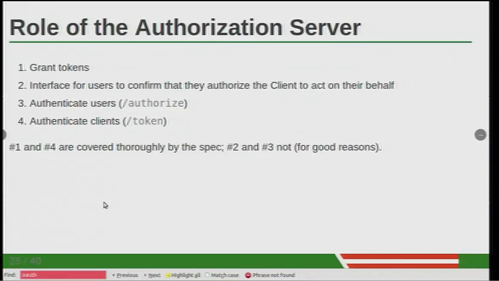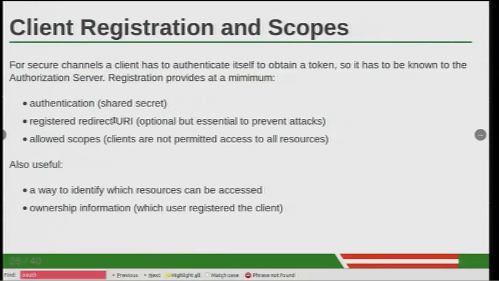It also has to occasionally authenticate users, so if the user wants to go to the authorize endpoint and get one of those codes, then he has to prove to the authorization server who he is, okay? The spec, of course, doesn't tell you how to do that, or whether it should do that. It does tell you that it should grant tokens and it should authenticate clients when they ask for tokens. The other two things are left up to implementation, which is good.